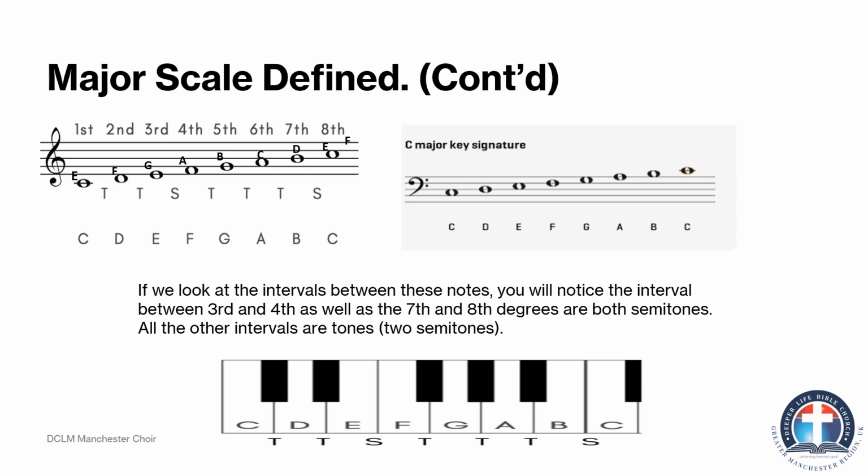Now, let's consider also the 7th and the 8th. There is also no black key or black note between the B and the C. So therefore, the movement between the B and the C is also a semitone.